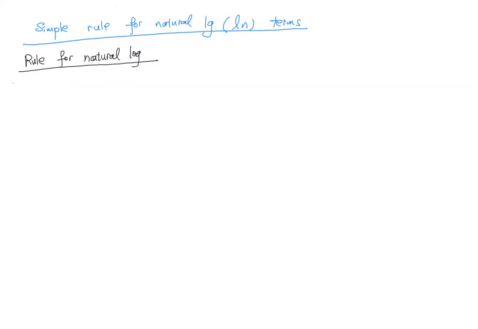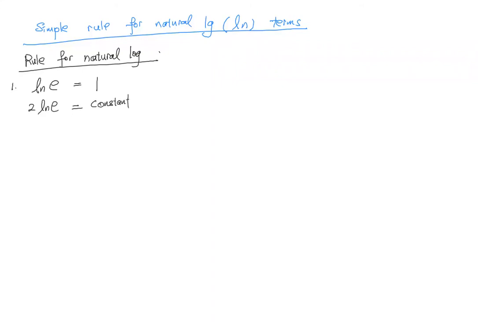Okay, first one, ln e, the answer is 1. Agree or not? So if I give you ln e, that means it's a constant. Even if I give you 2 ln e, this is also a constant.